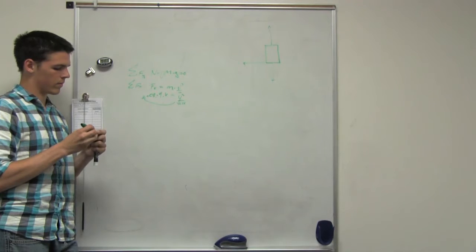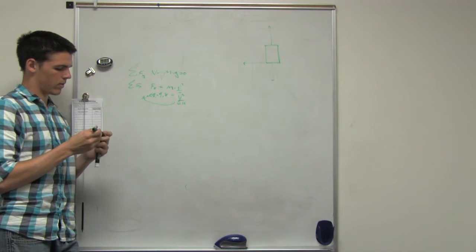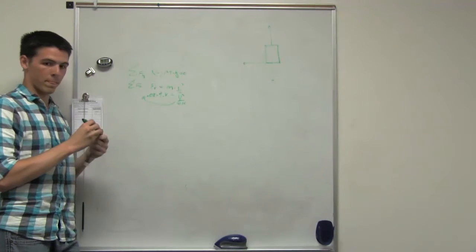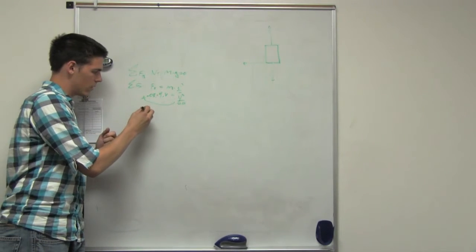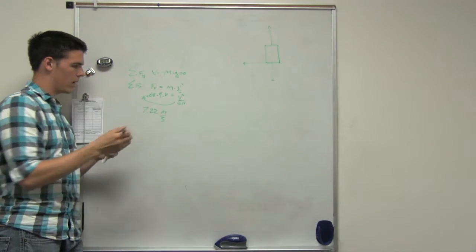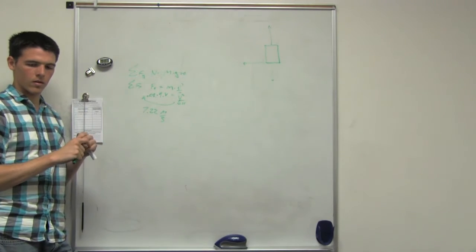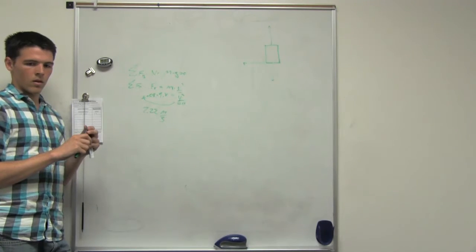Okay, the square root, no, not that. The square root of the, no, I can't control this thing. 7.22 meters per second. And that makes sense. Nice. Okay, only two significant figures. So that would be 7.2.